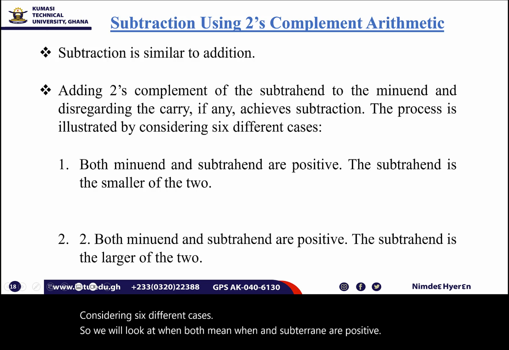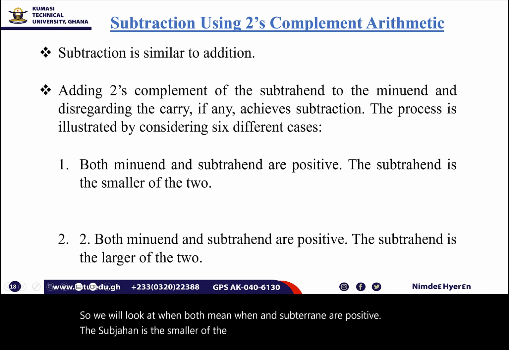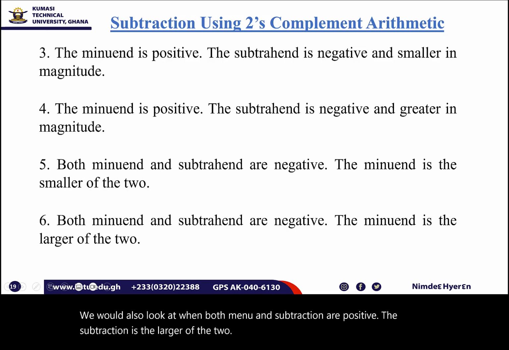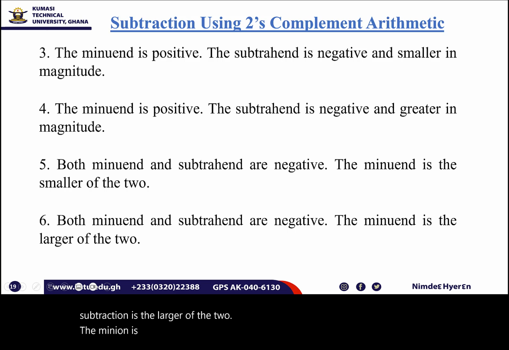The subtrahend is the smaller of the two. We would also look at when both minuend and subtrahend are positive. The subtrahend is the larger of the two. The minuend is positive. The subtrahend is negative and smaller in magnitude.